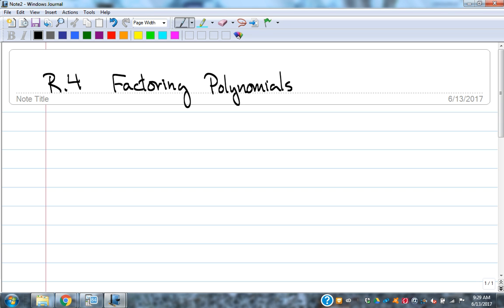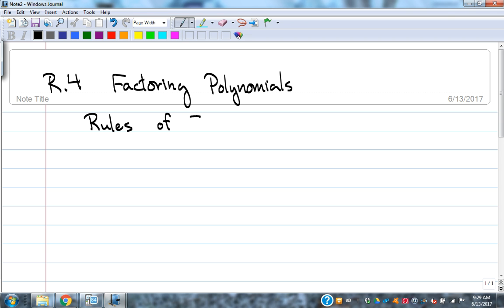We're going to undo what we just learned how to do. We're going to start with the answer and get back to the original problem from R3. So there are some rules that I try to follow. If you'll follow these rules, you'll be better off in factoring. It may not always make it easy for you, but it'll make it as easy as it can be.